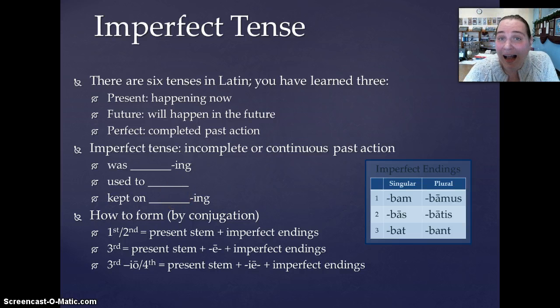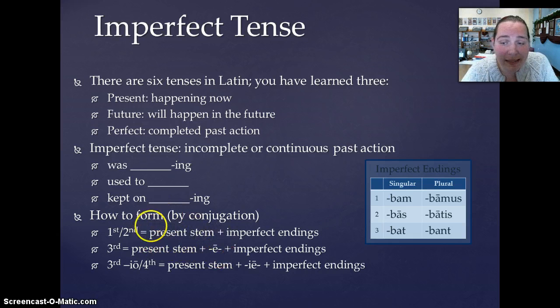Actually, the imperfect tense is very easy to form. I give you each of the 3 different variation patterns. For the first and second conjugations, all you need is your present stem. Remember that the present stem for first and second conjugation verbs ends in a vowel, so you don't have to add anything.